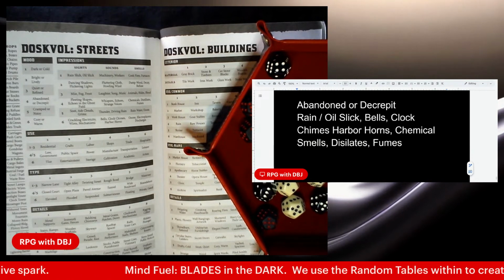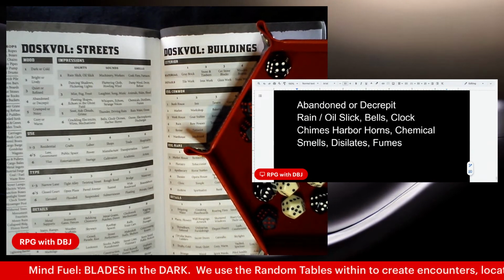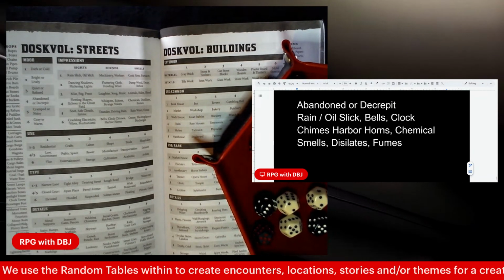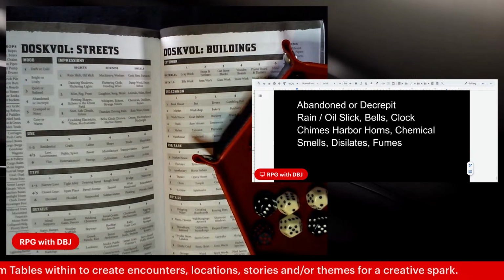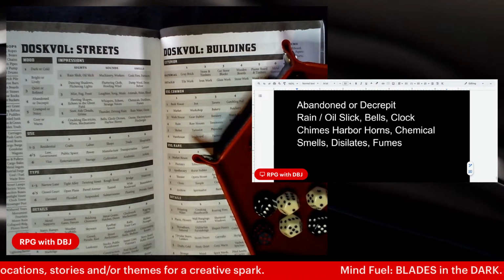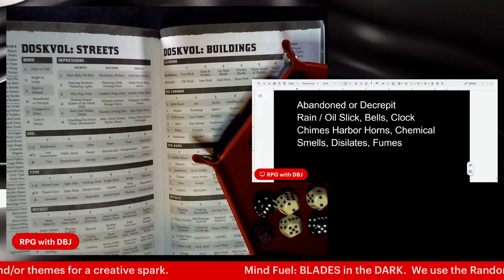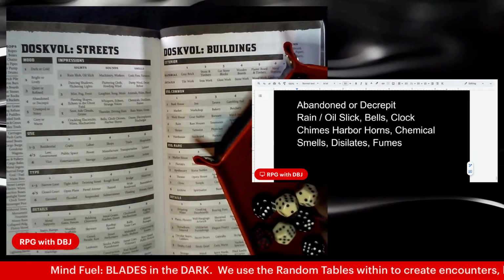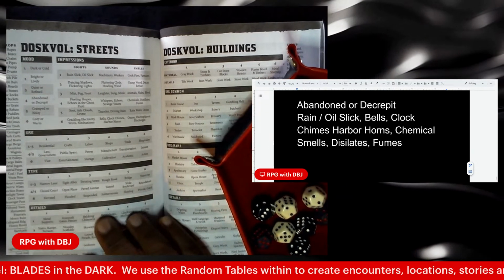And random tables are a way for us to do that, especially on the fly when you're stuck and you have to come up with it. And the way Blades in the Dark is designed, it's designed for 0 prep. So you don't even have to come up with this stuff in the beginning. Of course, we have our tools here to help us so we can run a game with 0 prep, right?